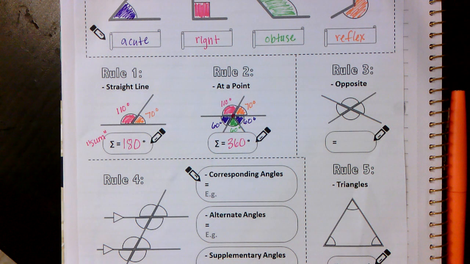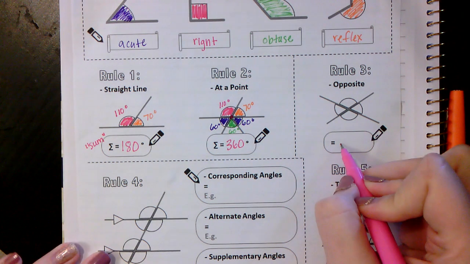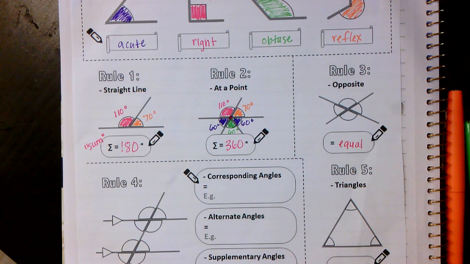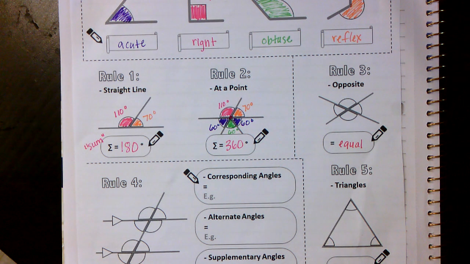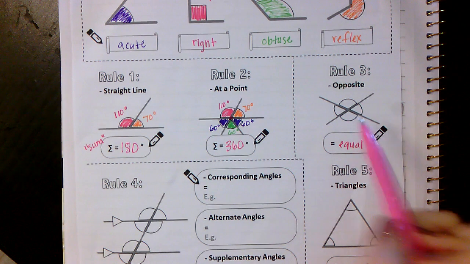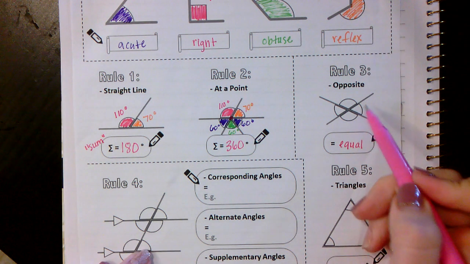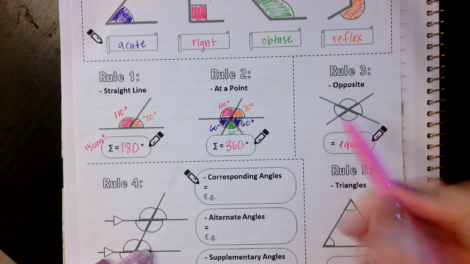Rule number 3 says that opposite angles are actually equal to each other. And we saw this yesterday with a few of our problems on the worksheet. So if they are opposite of each other, they're going to match up and be the exact same size. Because again, these two lines are going to create the same angles on both sides.